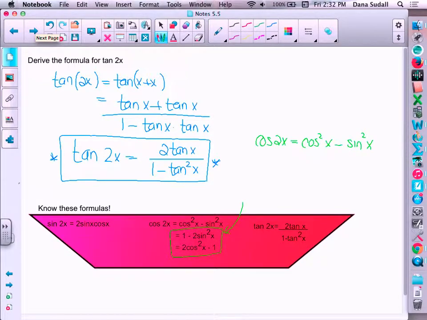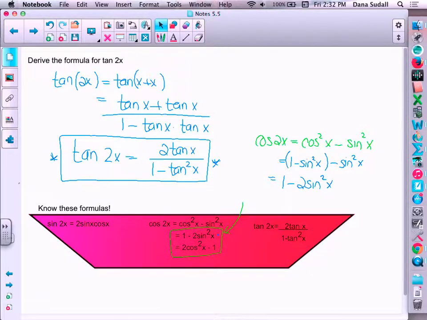These other 2 versions of that identity, you can use if you have an equation problem, you only want cosines in the problem, or you only want sines in the problem. So maybe you want to take out this cosine squared and make it 1 minus sine squared, minus the sine squared that's already there, and you have 1 minus 2 sine squared. So that's where this second identity is coming from.